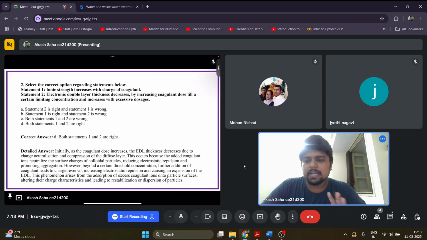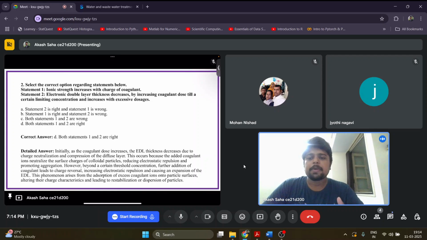I have written that initially, as the coagulant dose increases, the double layer thickness will decrease due to charge neutralization and compression of the diffuse layer. This occurs because the added coagulant neutralizes the surface charges of the colloidal particles, reducing the electrostatic repulsion, and it promotes aggregation.